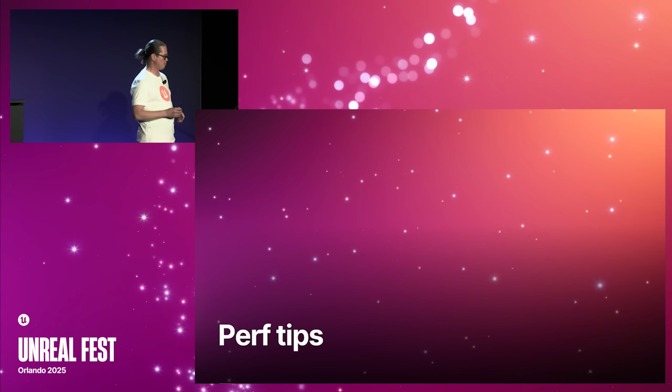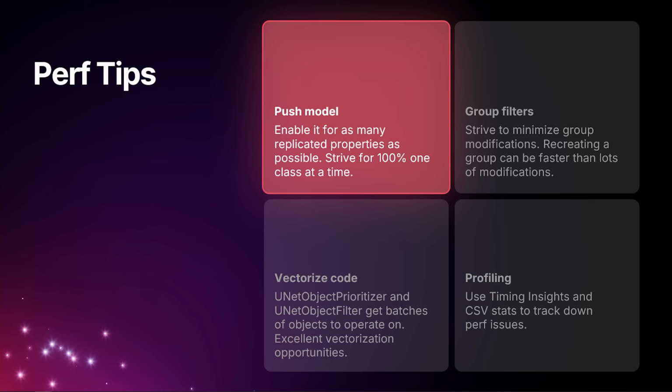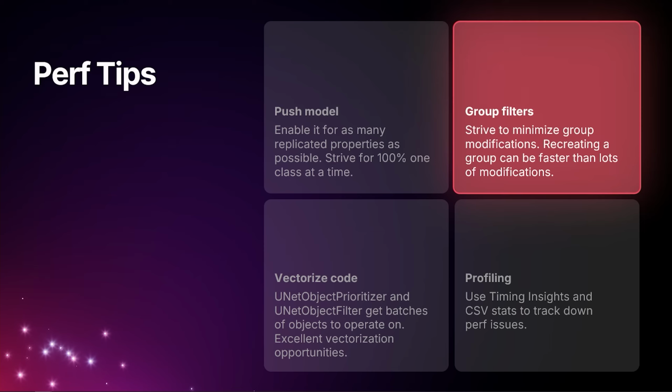And some performance tips. While we strive to be as performant as possible, we're also running your code. But one of the tips is use push model on your properties. That would save a lot of time, particularly during the polling phase. You're probably going to use exclusion groups and other groups a lot, and strive to minimize your modifications to them.